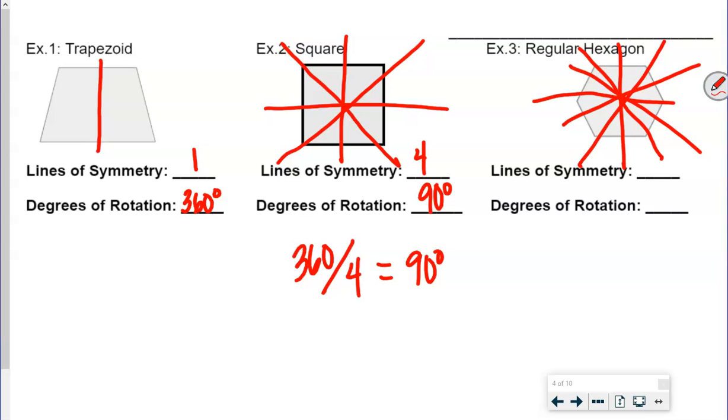Because if it's a regular shape, a hexagon has 6 sides, so let's count. 1, 2, 3, 4, 5, 6, and ultimately when you get done, you should have 6 lines. So it has 6 lines of symmetry because it's regular, and we're going to take 360 and divide it by 6, which is 60 degrees, okay?